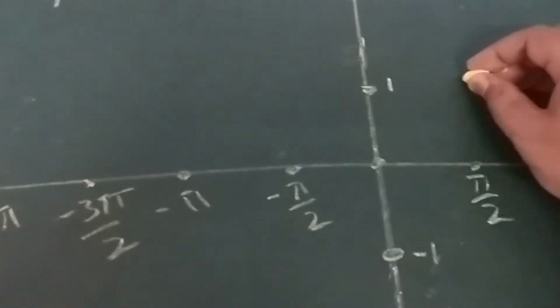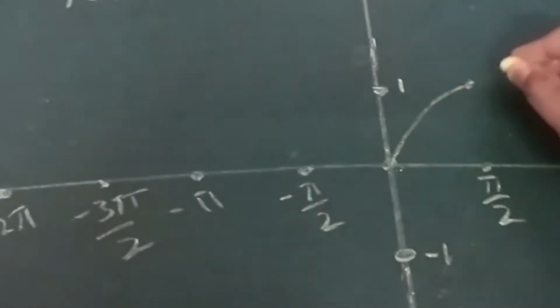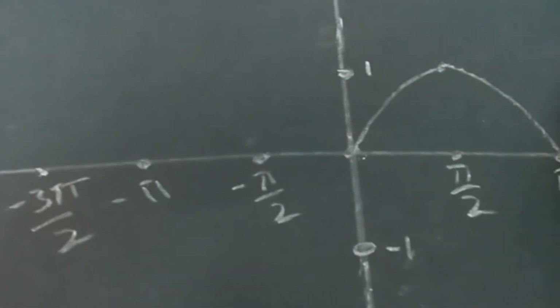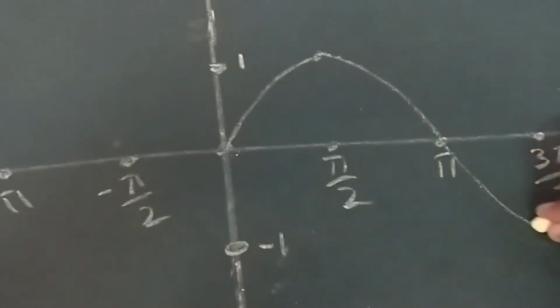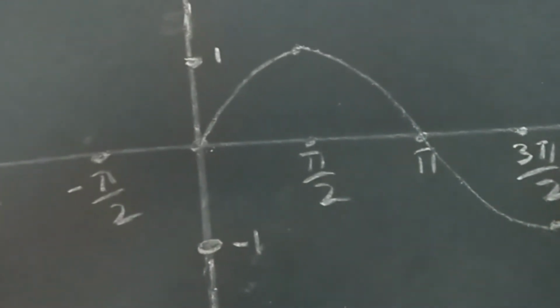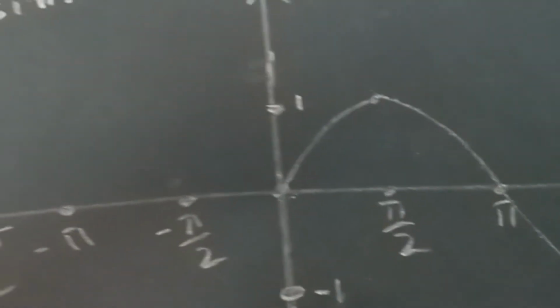Minus 1 and 1. Now, as you know, at pi by 2 it is 1. And then at pi it is 0, then at 3 pi by 2 it is minus 1, then at 2 pi it is 0, and again it will go up like this.